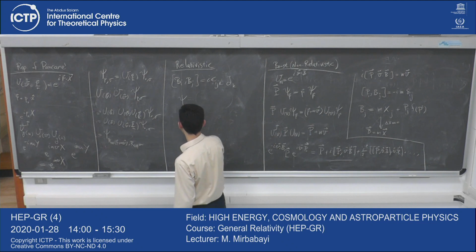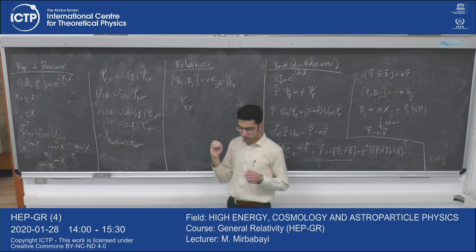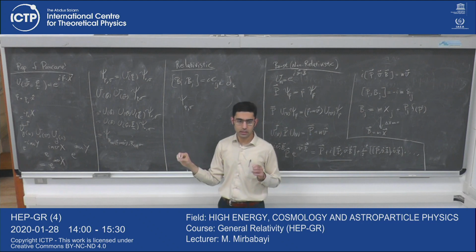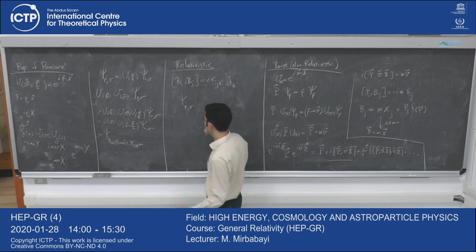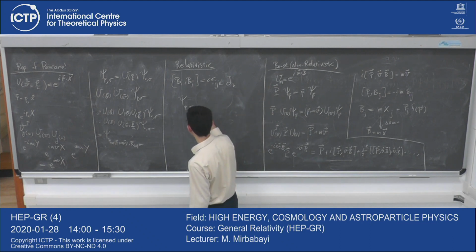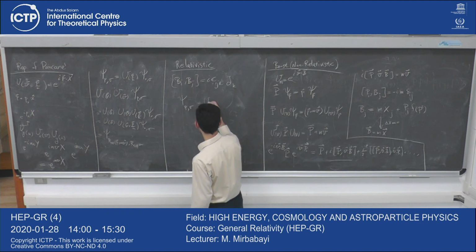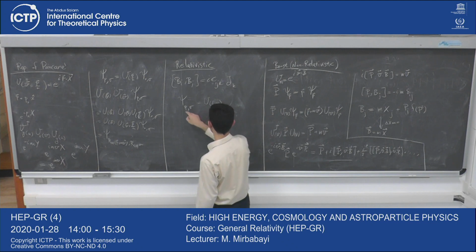Now, if we want to do something like before, write the state psi of p and sigma as a boost acting on the state of a particle at rest, in the case in which we have a massive particle, that is, a boost acting on some standard state, so some U of Lambda of p, or L of p, some Lorentz transformation which depends on p and acts on it.